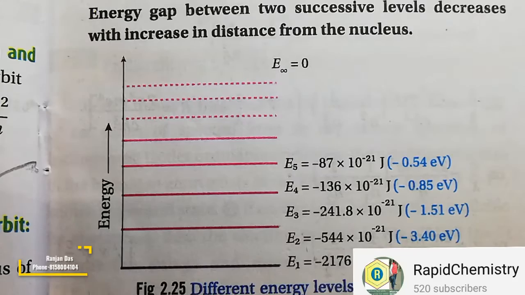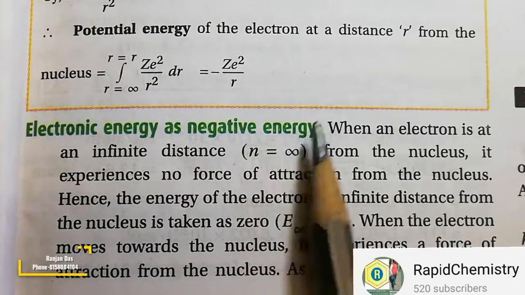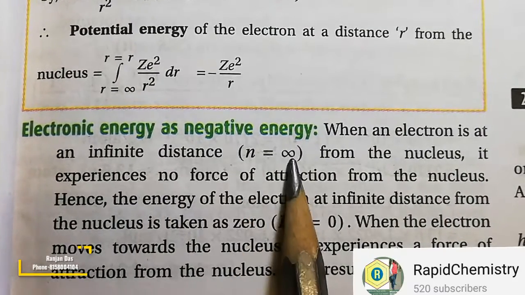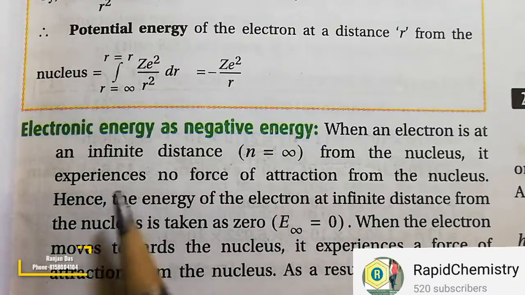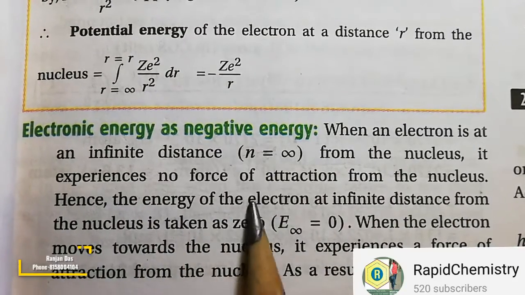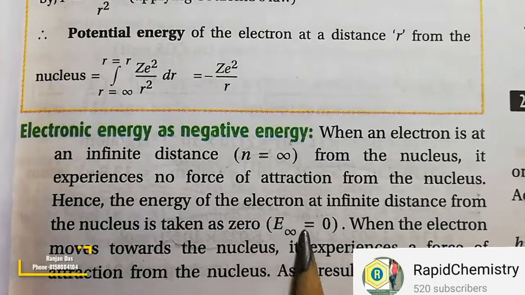Now look at the electronic energy as negative energy. When an electron is at infinite distance from the nucleus, it experiences no force of attraction from the nucleus. Hence the energy of the electron at infinite distance from the nucleus is taken as 0.